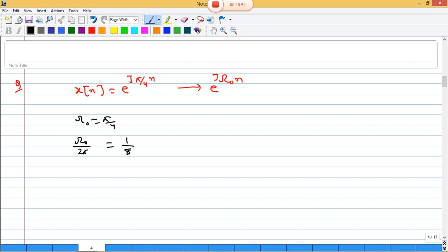It's 1 by 8, which is a rational number. So x of n is periodic.